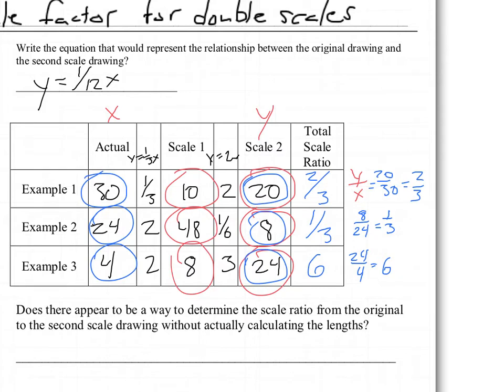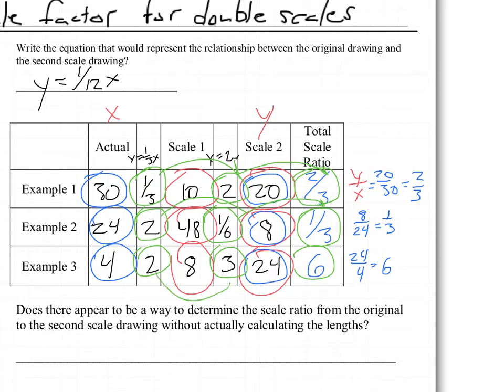So, looking at the relationship from the scale 1 to scale 2 to the total scale, is there a relationship between these things? From 1/3 to 2 to 2/3. From 2 to 1/6 to 1/3.